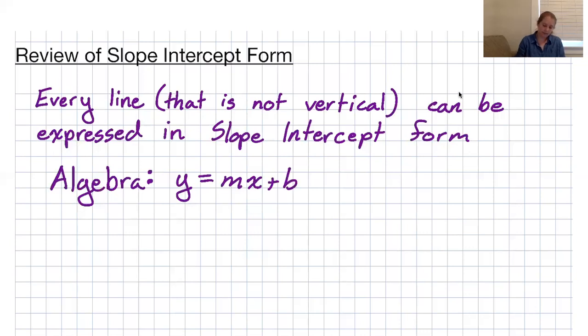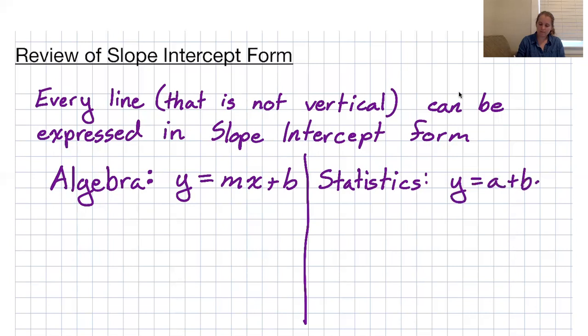In statistics, we are going to change it up, use a slightly different format, but it's the same thing. In statistics, we will use y equals a plus bx. So in y equals mx plus b format, the b tells us what is referred to as the y-intercept. The y-intercept is when x equals 0, y equals that number.